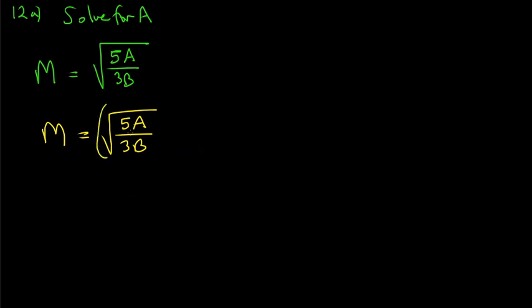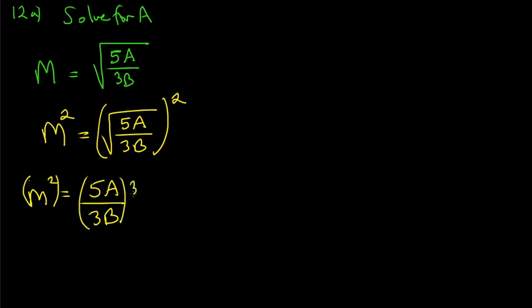So yeah, no problem. Just square both sides. Square the right side, square the left side. So we're going to get m squared equals 5a over 3b. And I think you can take it from here, right? All we're going to do now is multiply both sides by 3b over 1. So on the right they cancel.